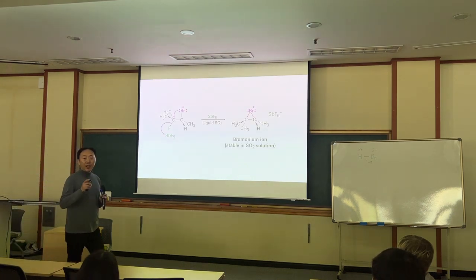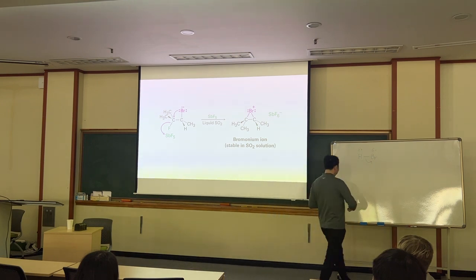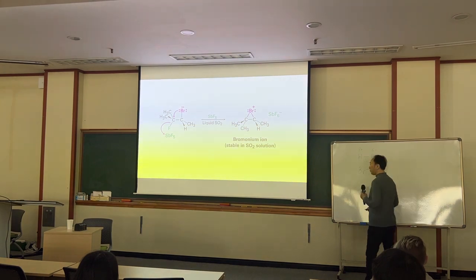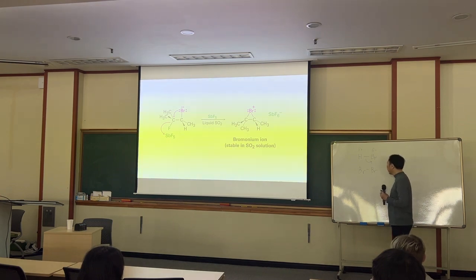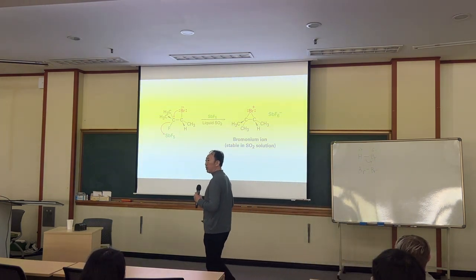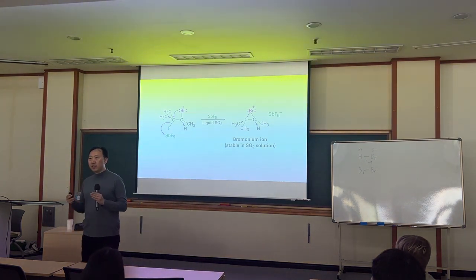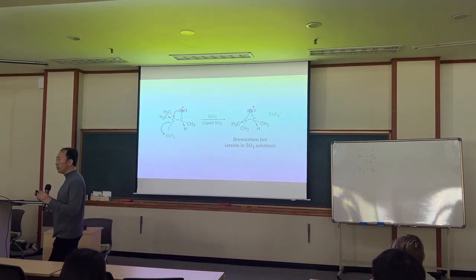Let's compare with HBr and Br2. This is a slightly changing reaction. First reaction, the high electron density attacks the proton, and a carbocation forms. So there is a selectivity for the better, more stable carbocation, as we have seen.